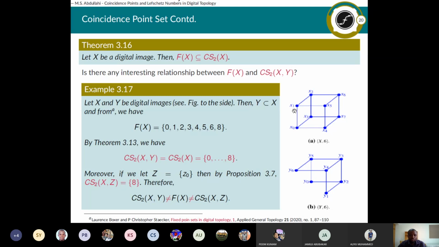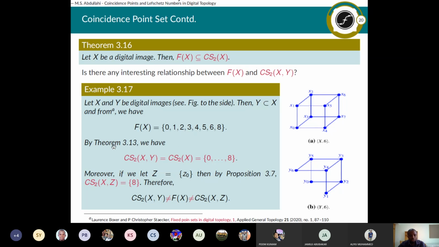Our X here is this set, and our Y is this set. You can see that Y is a subset of X. By a result of Boxer and Staecker, they have calculated the fixed point spectrum of this image to be the full spectrum except 7. 7 is not part of this fixed point spectrum.